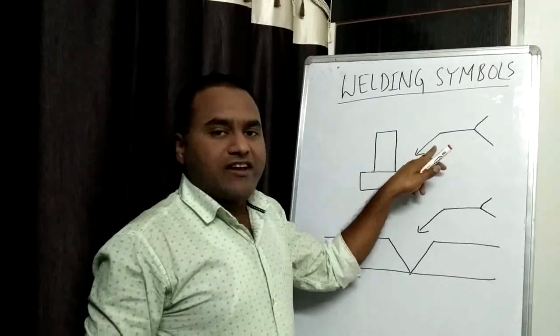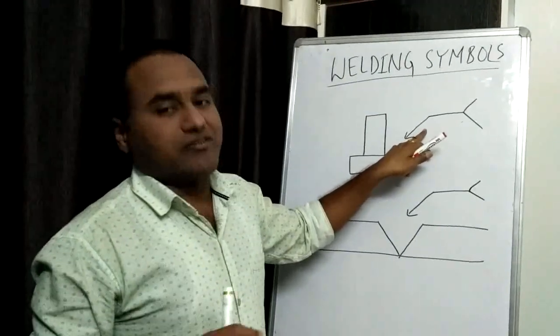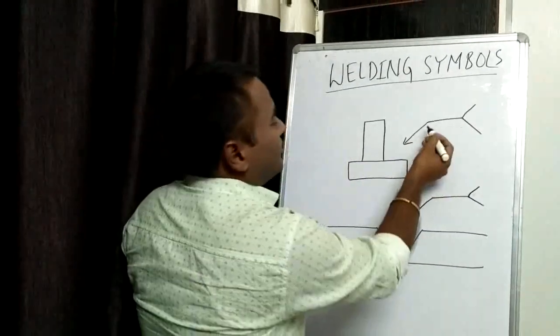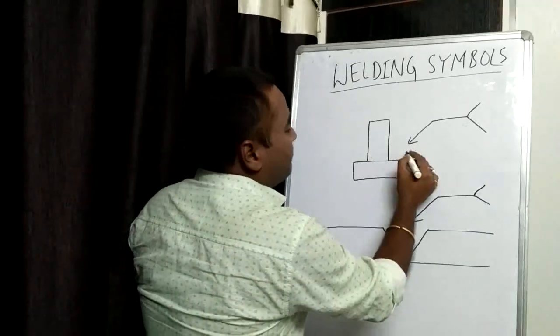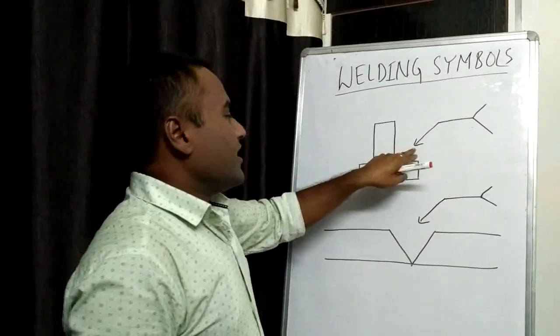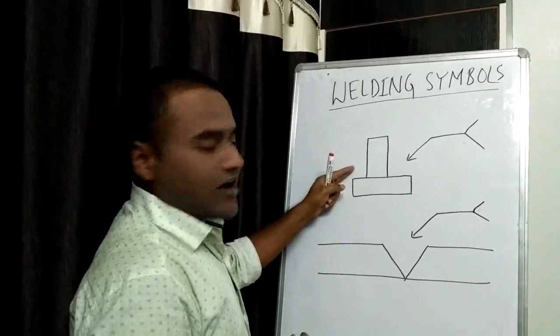So the arrow line points the position. Arrow line indicates the position. How? Here in this case, the arrow points. The position where the arrow points is called the arrow side, and the position opposite to the arrow side is called the other side.